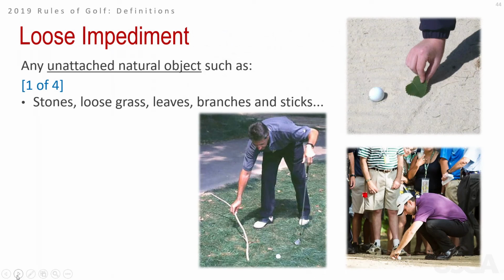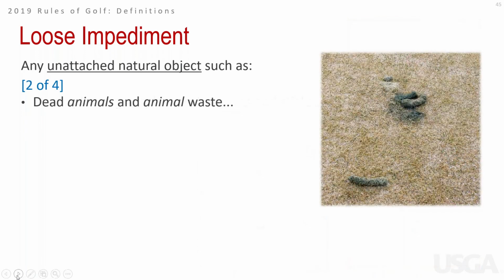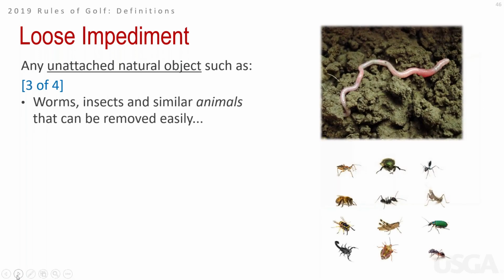So loose impediments, we talked about them earlier, but we'll get a little more in depth about them. So any stones, loose grass, leaves, branches, or sticks. Pine straw is another one that's pretty common as a loose impediment. But dead animals or animal waste, you can see here, are loose impediments.